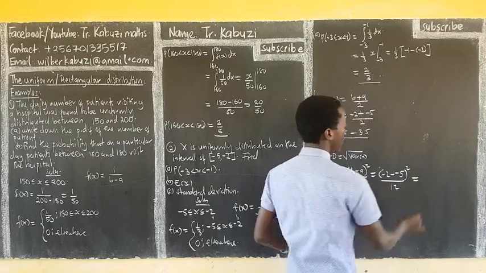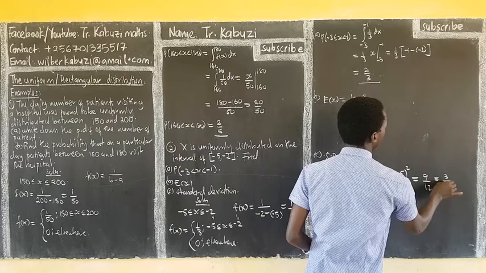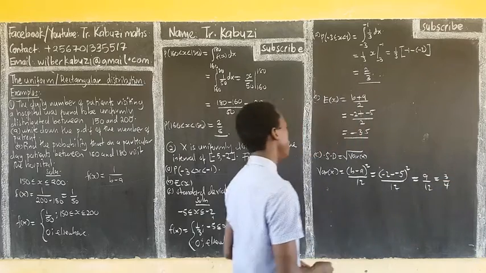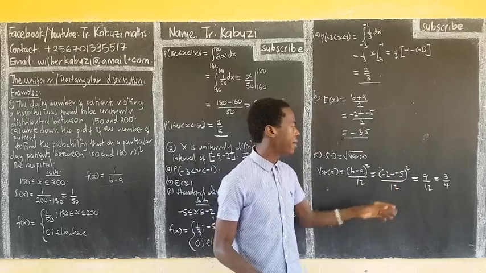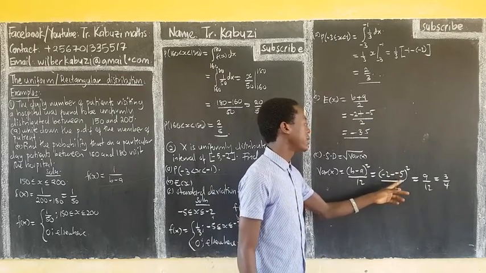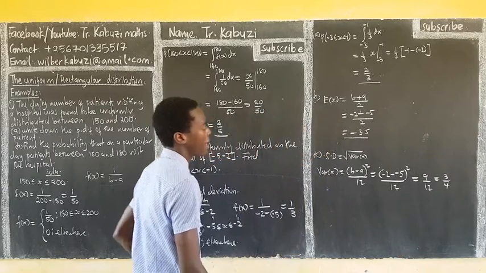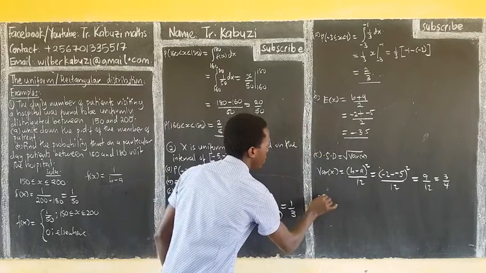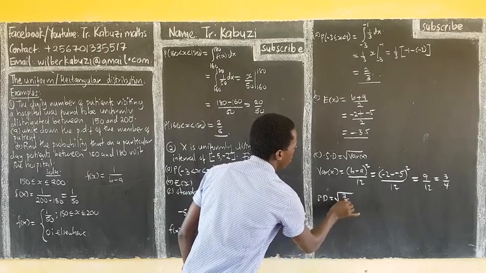That gives 9 over 12, which simplifies to a quarter. Then our SD will be the square root of 3 over 4.